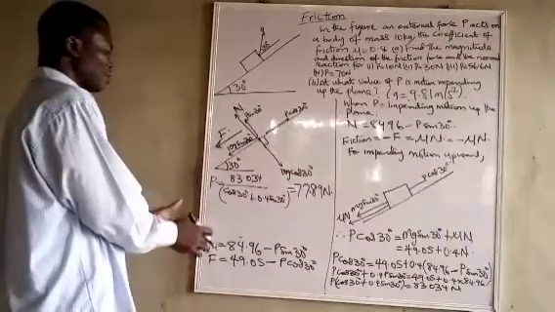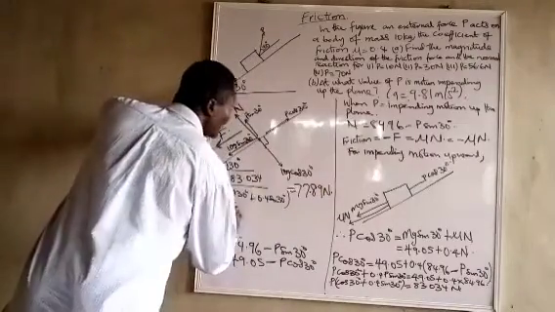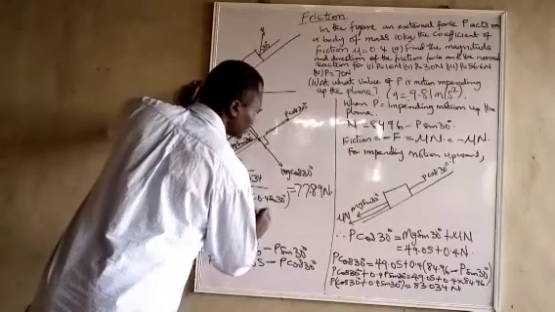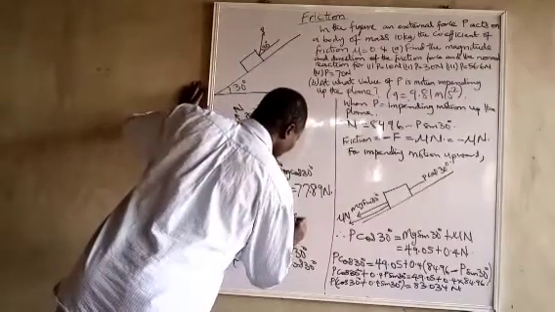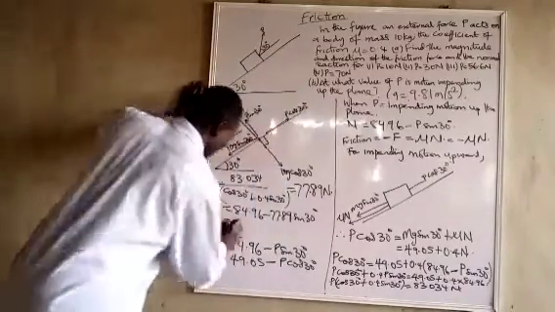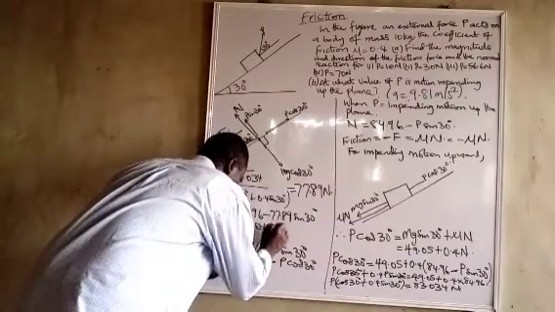Let's see what the frictional force will be. Let's see what the normal will be. In this instance, our n will be equal to 84.96 minus 77.89 sin 30, and that is 46.015 Newton.